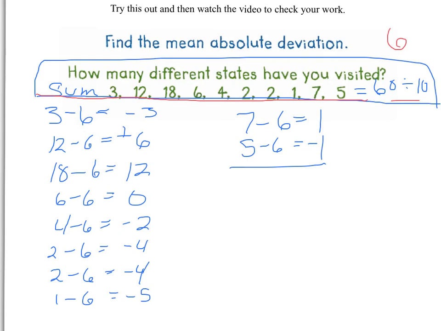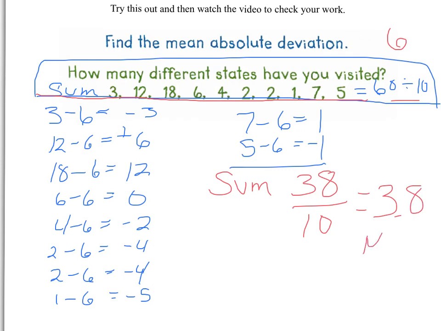So negative 3, we're just going to consider it 3, positive 6 is 6, 12 is 12, 0, and so on. And we get the sum of all of those differences, which I got as 38. Then we count up how many differences there were, which was 10. So 38 divided by 10 is 3.8, and that is the mean absolute deviation, or the MAD.